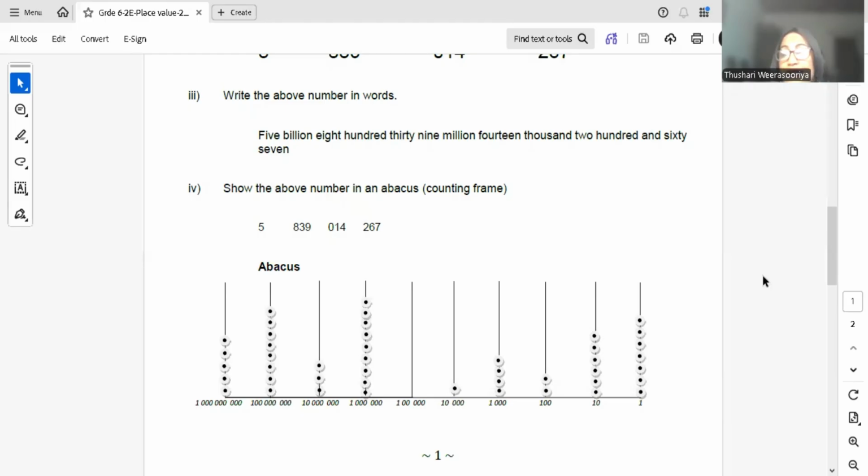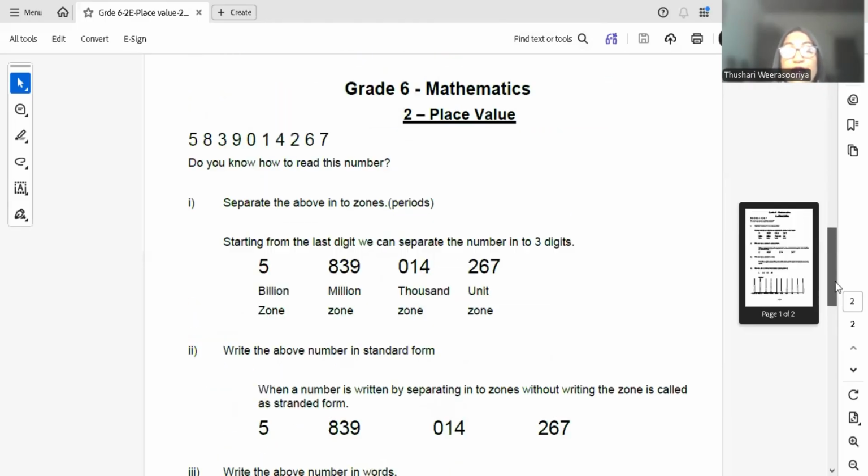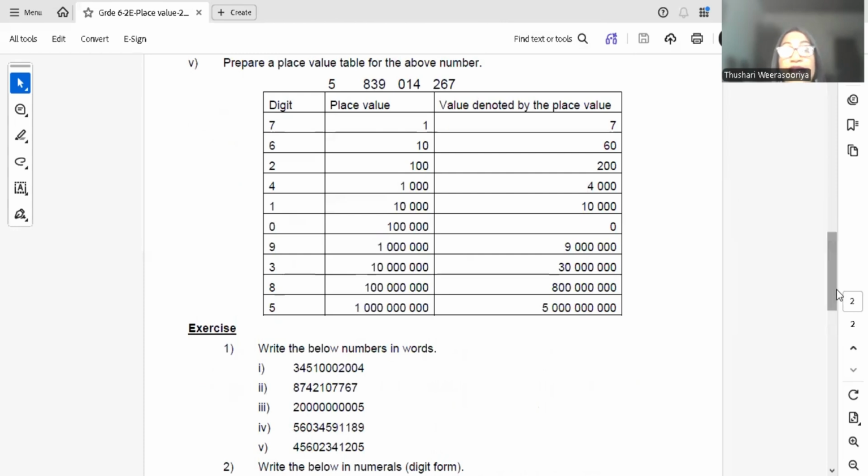Now we'll go to a place value table. For this I have taken the same number to show the place value. Write the place value. Now, start with 7. The place value is 1. The value denoted by the place value is 7.